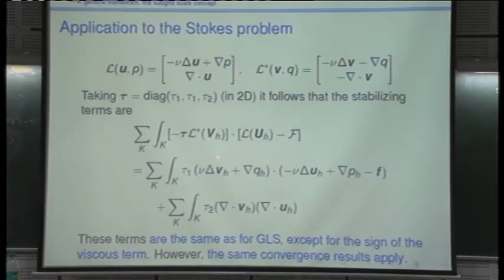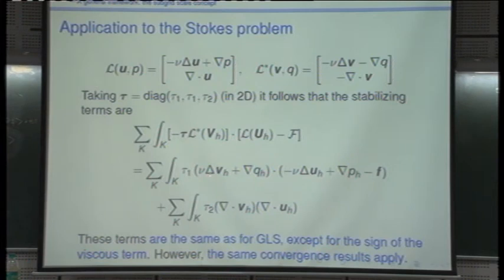Now that we know the adjoint of the Stokes operator, we just have to see which is this term. Minus the adjoint will be plus here, and plus here, so plus everywhere. Then we multiply minus the adjoint times tau multiplied by the residual.